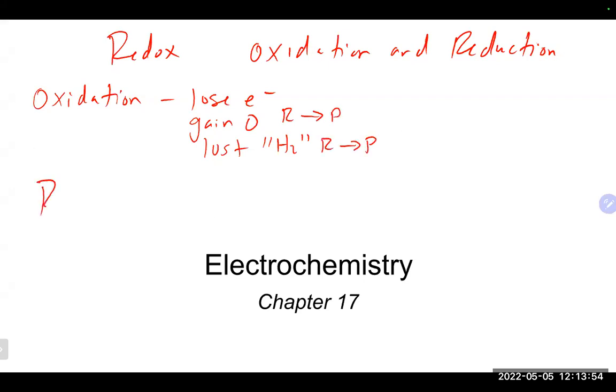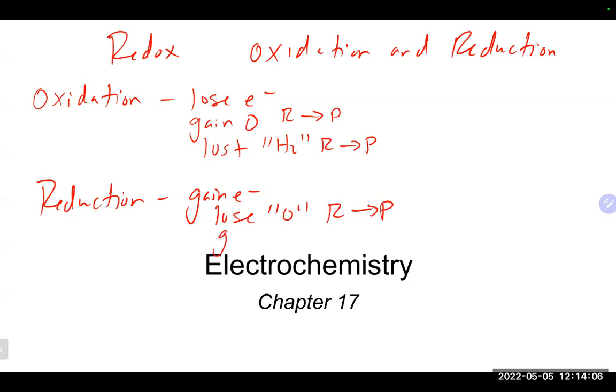While reduction typically means the gaining of electrons. It can also mean the loss of oxygen as you go from reactants to products, or the gaining of H2 or hydrogen as you go from reactants to products.